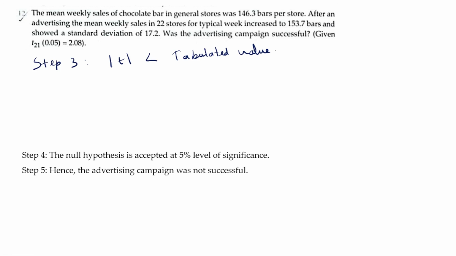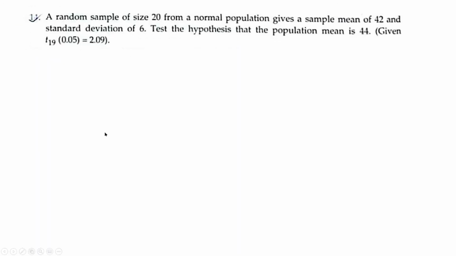Moving on to the next question. A random sample of size 20 from a normal population gives a sample mean of 42 and standard deviation of 6. Test the hypothesis that the population mean is 44. Given t19 at 5% level of significance is 2.09.